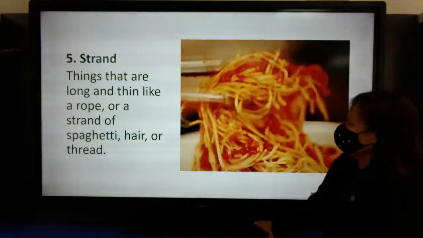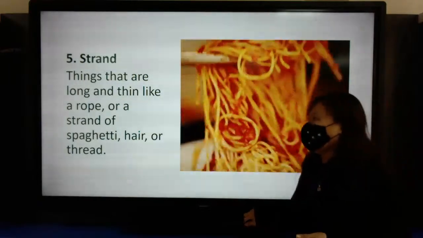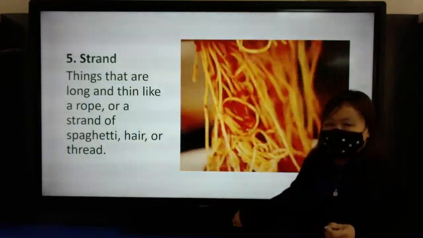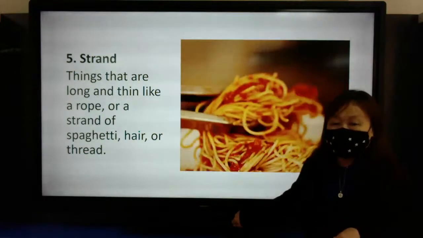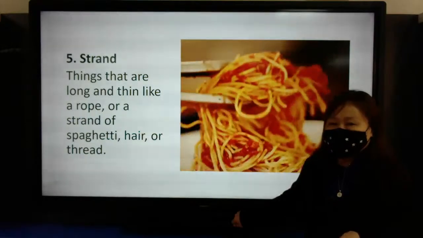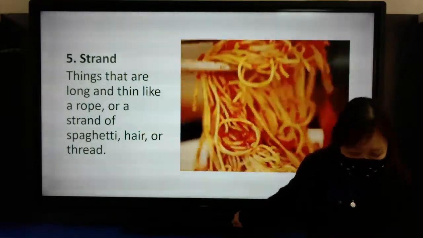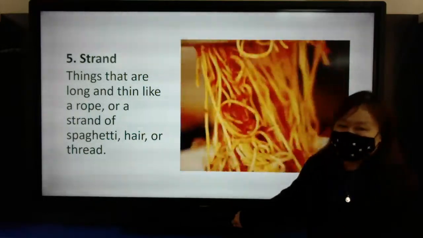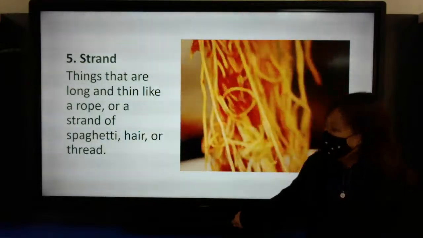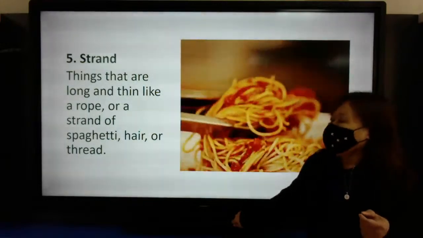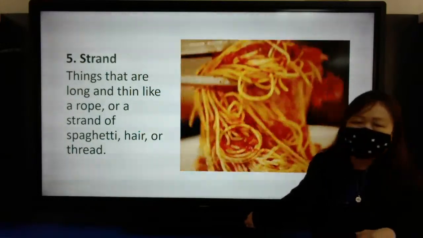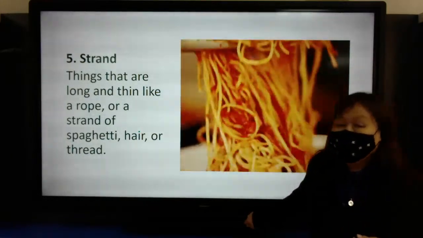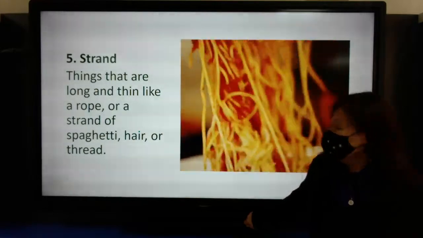Number five, we have the vocabulary strand. Students, all of this vocabulary that I'm introducing to you, you will encounter throughout the lesson. So we have the term strand. To make it easy for you to understand, I use the example spaghetti. Or we can also use the example hair or thread.